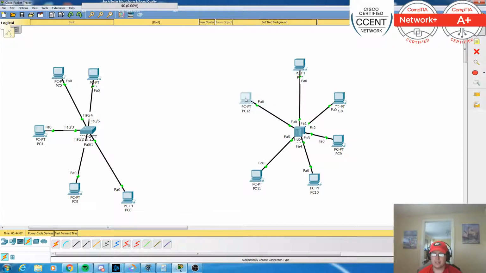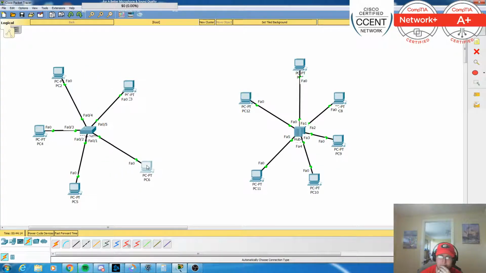So I want you all to understand that. So, alright, we're looking at a hub here. So, with that being said, let's talk a little bit about this. So, the question you'll have, and I promise you, you're going to see something like this in the ICND1 without a doubt. So, you need to know your collision domains and your broadcast domains.